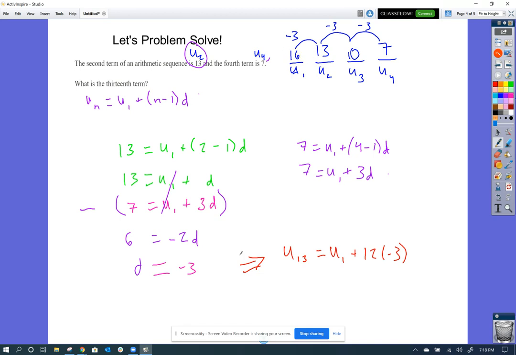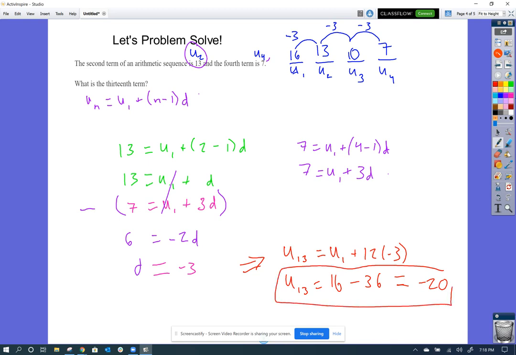And because we found the common difference, we can work backwards from u sub 2 at that point. So that's okay. So u sub 13 is 16 minus 36. Then we have 16 minus 36 is going to be equal to negative 20. Okay. All right, so we got negative 20. We are good to move on.